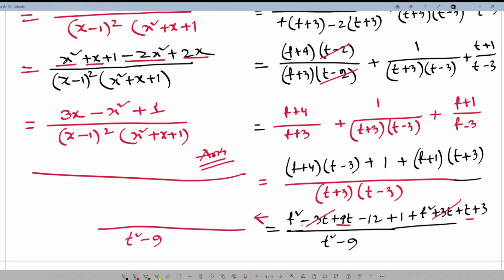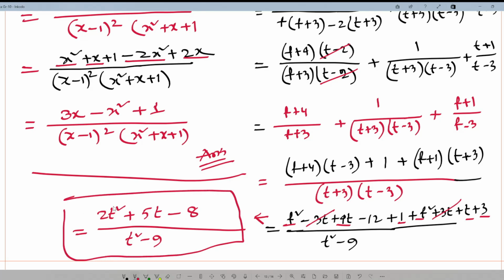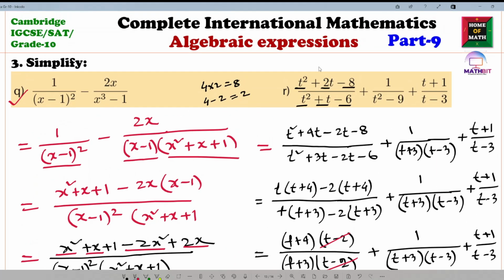First, t square and t square will be 2t square, right? Then plus 5t, and finally here is 1 and here is 3, that is 4, minus 12 plus 4 will be minus 8, and this is our answer. So number R is done.